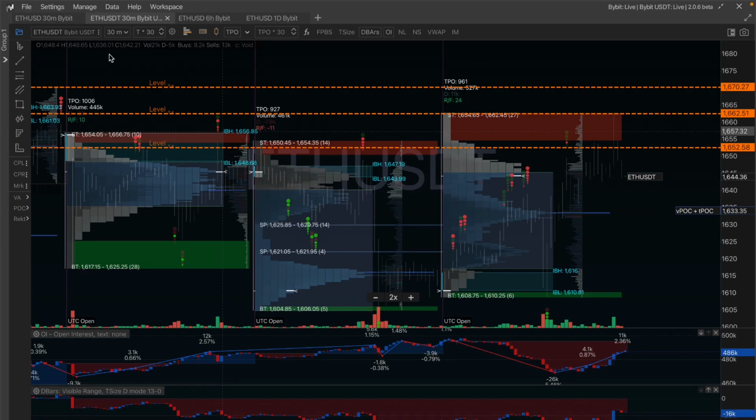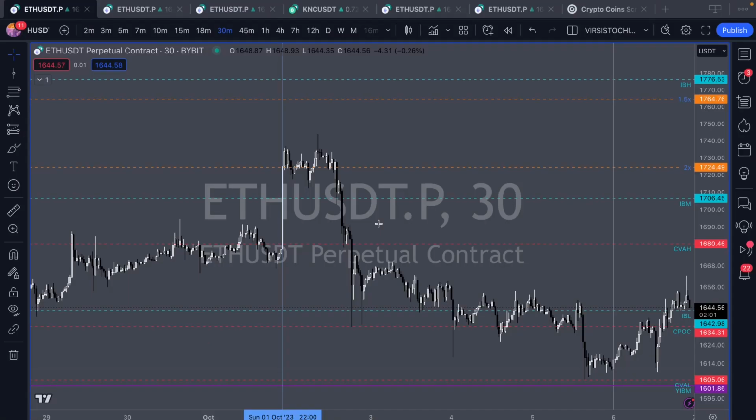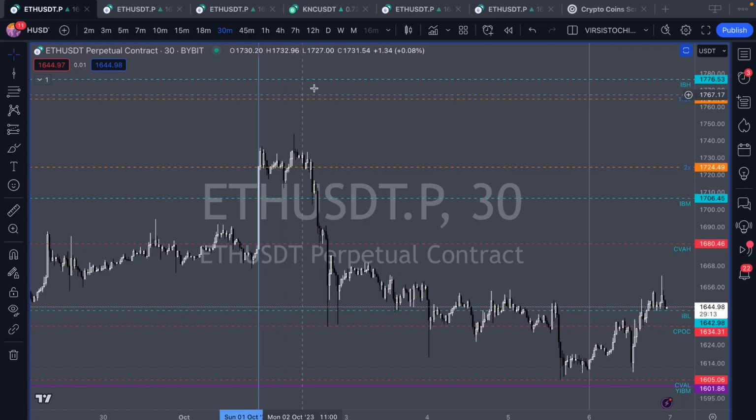So let's dive more into that idea, but let's use TradingView instead. Here are the ranges I have for this week's and this quarter's initial balance. As you can see, we are quite below the initial balance of the quarter, because it says 1.5 and then 2x.